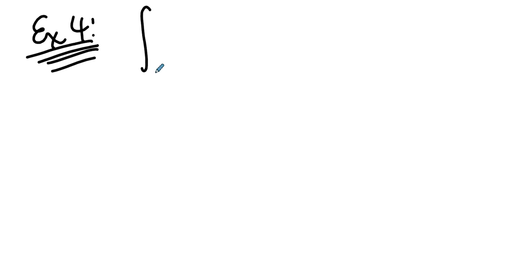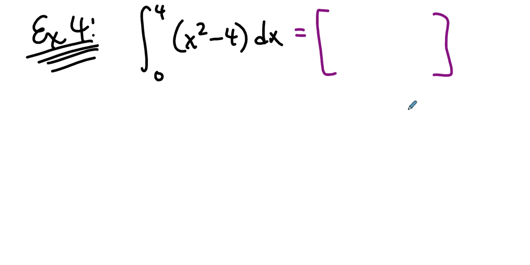I'm going to do one other thing in this video before we do the other thing in the other video. Let's do the integral from 0 to 4 of x squared minus 4 dx. Now, nothing fancy here. We're going to find an antiderivative, substitute, and subtract, right?